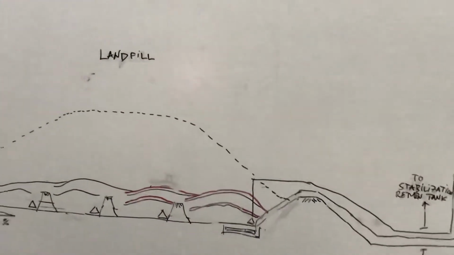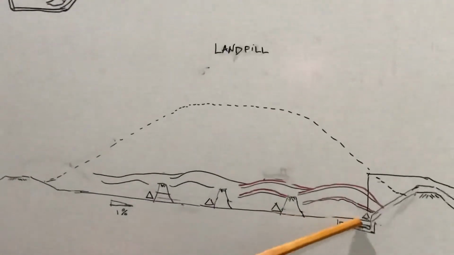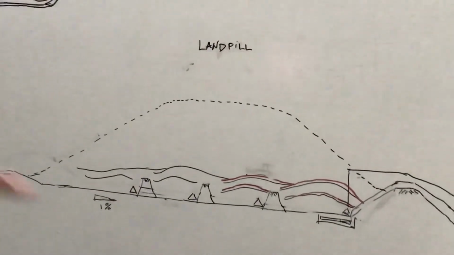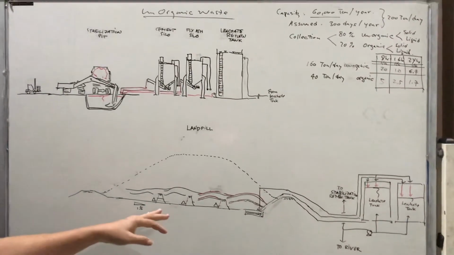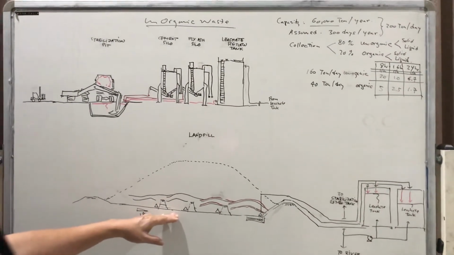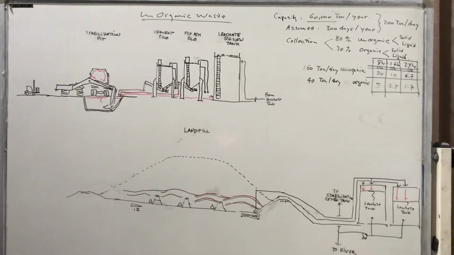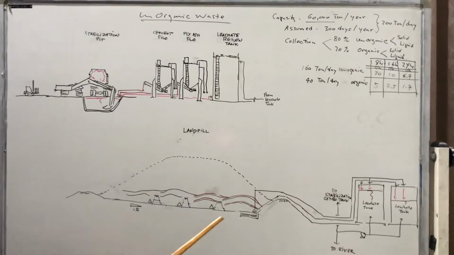Actually, this liner has many layers, maybe about 3-4, like geonet, geotextile, and pipe under this landfill. We can talk in more detail on the next page. So you can see here the principle of the landfill.